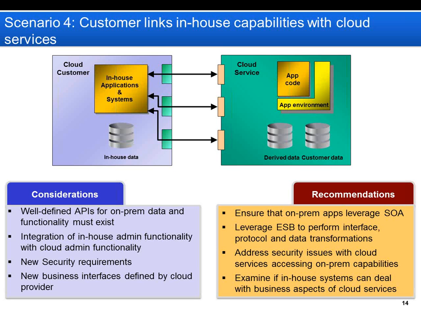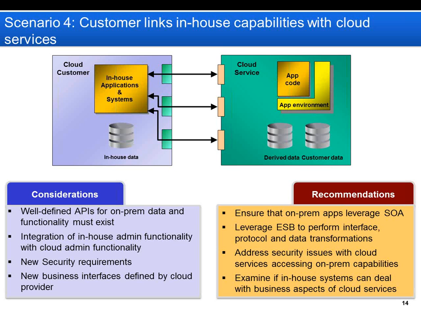And you're going to need to be aware of the potential for not only connecting outwards from your in-house applications to the cloud service, but as is shown by the double-headed arrows we have here, there may well be places where you need to connect the other way from the cloud service in to your in-house applications and systems.